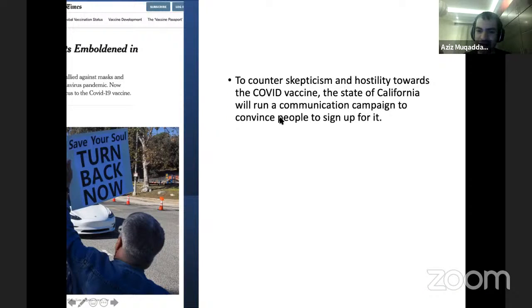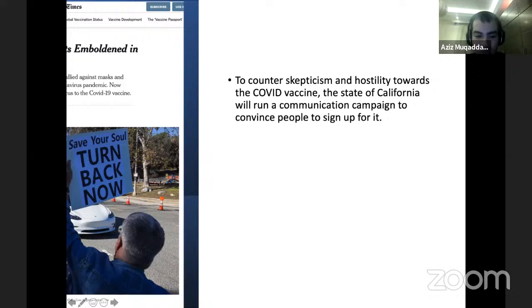Some anti-vaxxers were pushing people away from the vaccine centers. So let's say the state of California wants to run a campaign addressing that hostility or skepticism towards the COVID-19 vaccine. They want to convince people who are skeptical to sign up or to consider taking the vaccine. So now you're tasked with that.